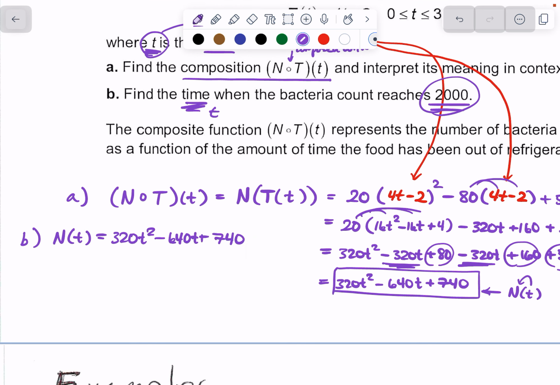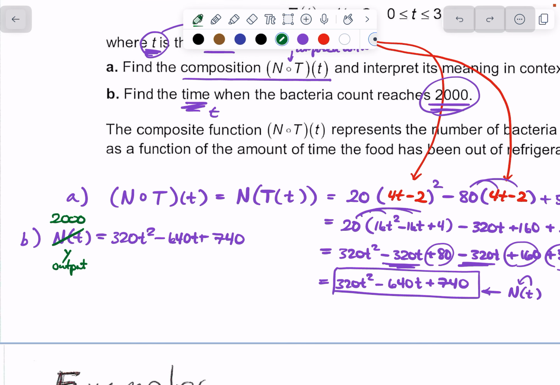Where does that 2,000 go? Well, it certainly does not replace these little t's because those represent time. The only place that 2,000 should go is to replace this capital N of t function thing. Remember, think of this as like your y value or your output. They're telling us the output of the function. They want us to find what is the input that creates this output. All right, so hopefully that makes sense.